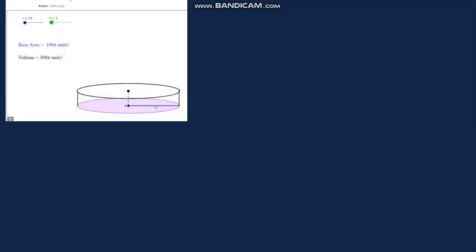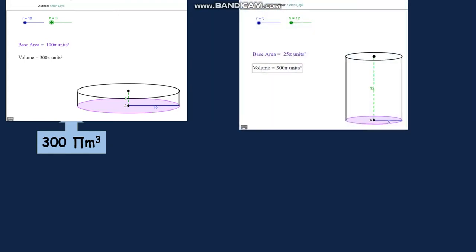While working on the GeoGebra file, we found that the volume of the first tank is equal to 300 pi cubic meters, and the second one also has a capacity of 300 pi cubic meters.